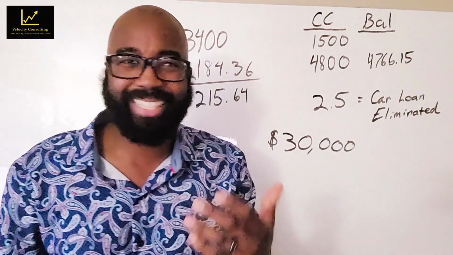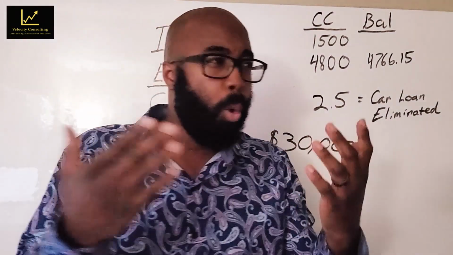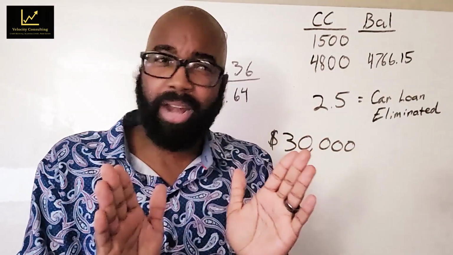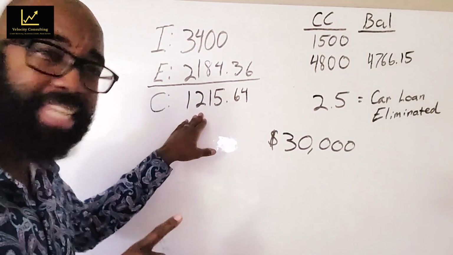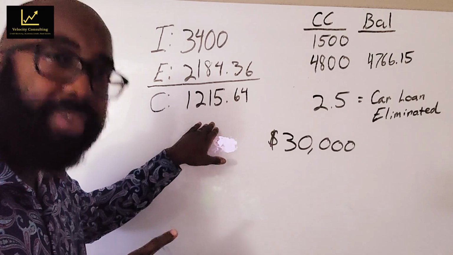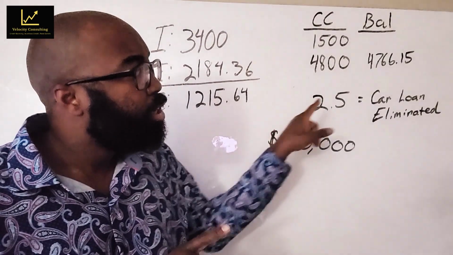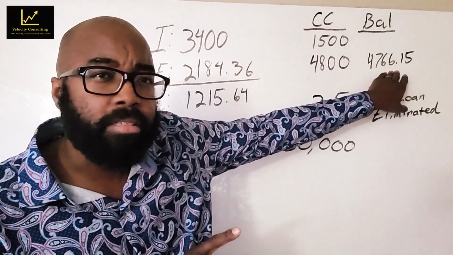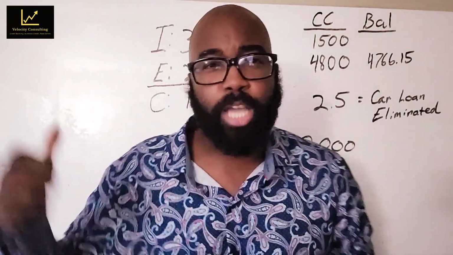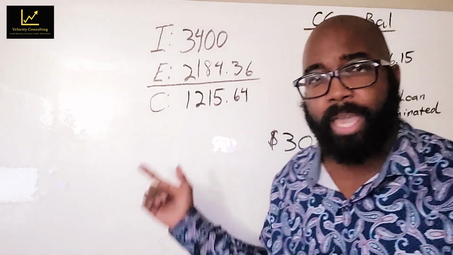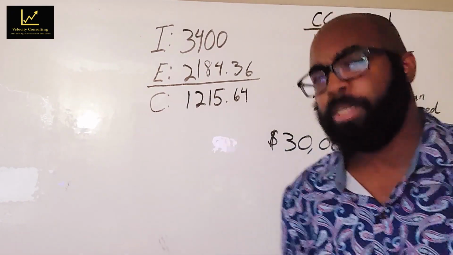So whether your car payment is $655 a month, or it's more, it doesn't matter, because you'll be paying that from your credit card and you'll have this left over. This left over, the cash flow, $1,215.64, that you can divide it by. $4,766.15 divided by $1,215.64, this number here is going to give you how many months you can expect to pay that off.